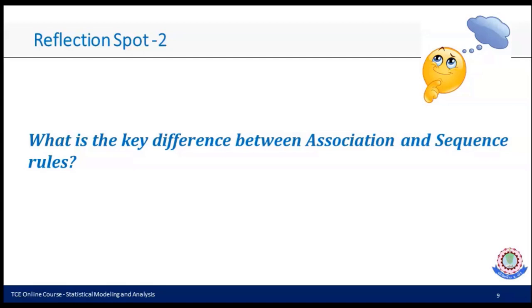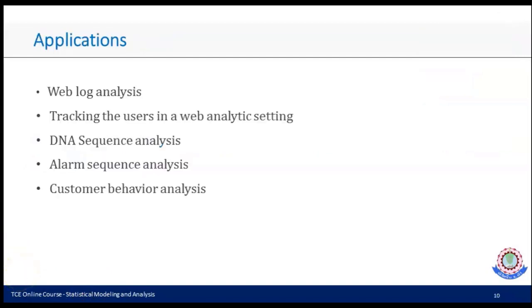Here the answer is, in association rule mining, it is used to detect frequently occurring patterns between the items, and sequence rule mining detects the sequence of events. So these are the applications which are majorly concerned with sequence rule mining.